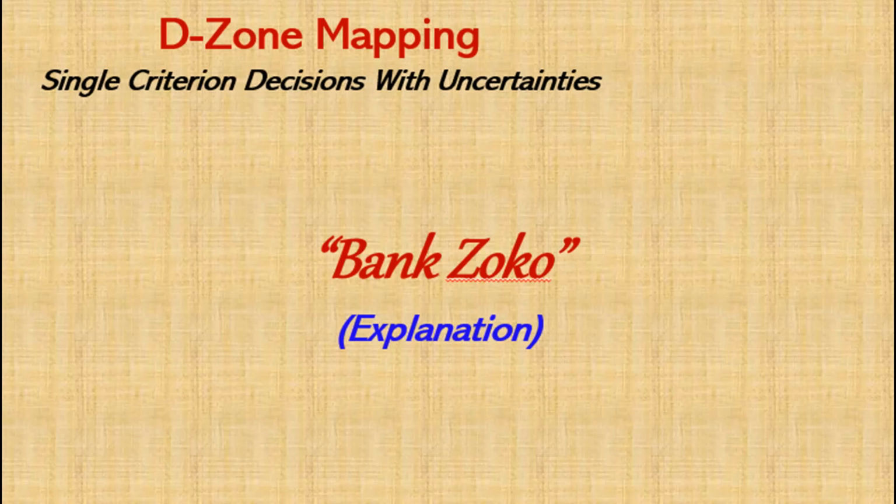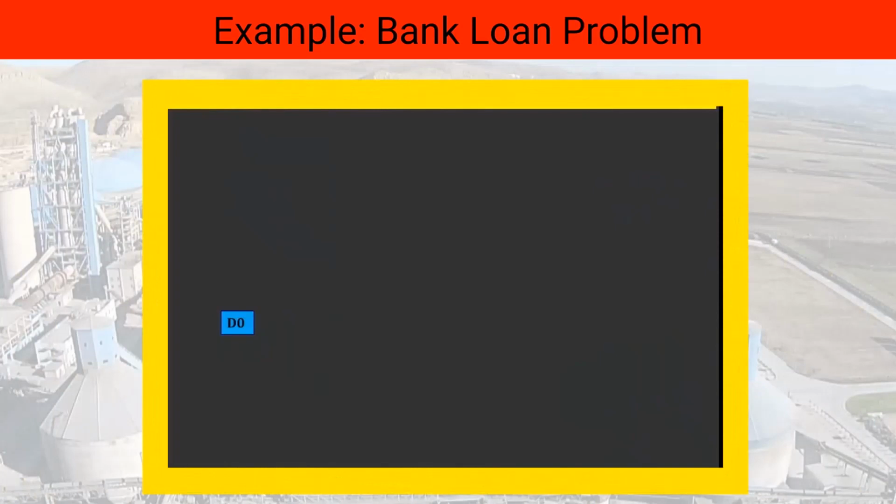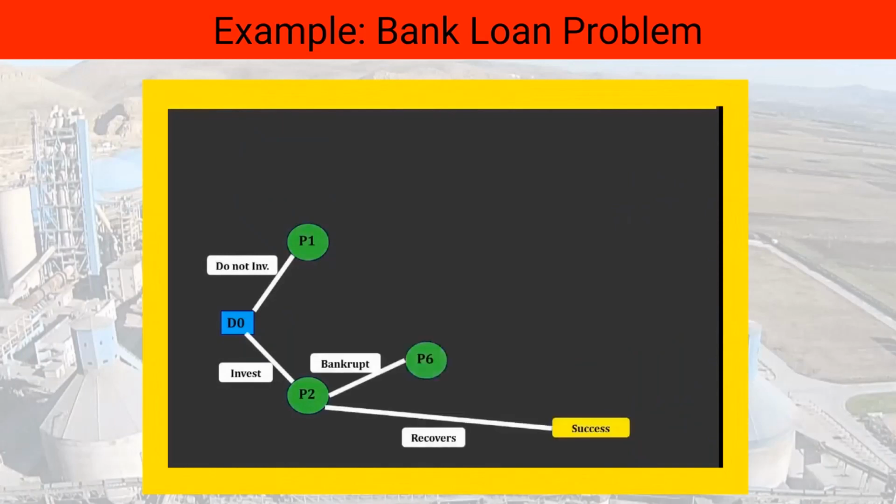The first thing we must do is sketch the decision tree. So let's start with our decision node, D0. We have the option of investing or not invest. If we invest, there is a probability that we might recover all our money, which is success. And of course, failure would be bankruptcy.